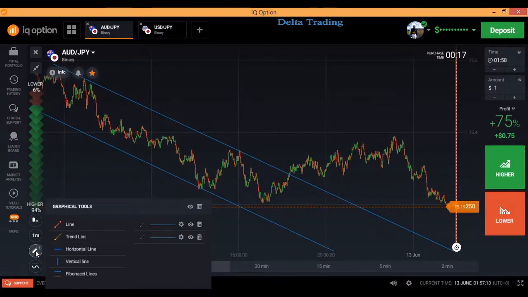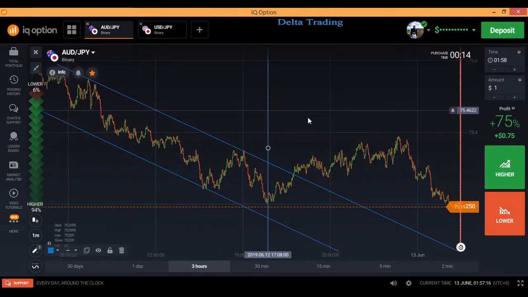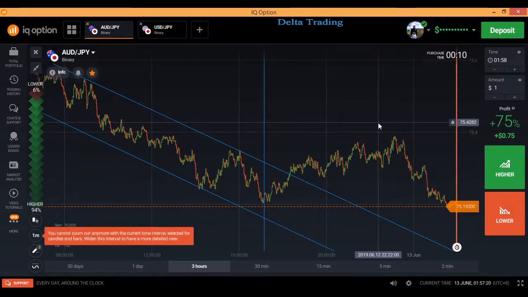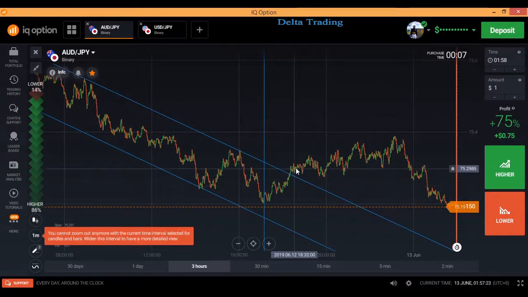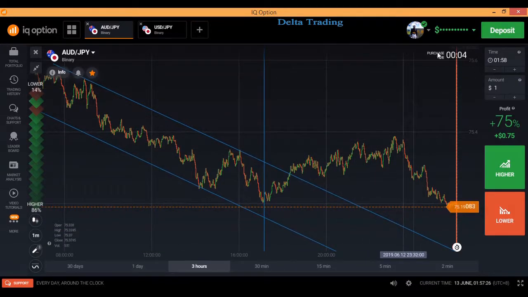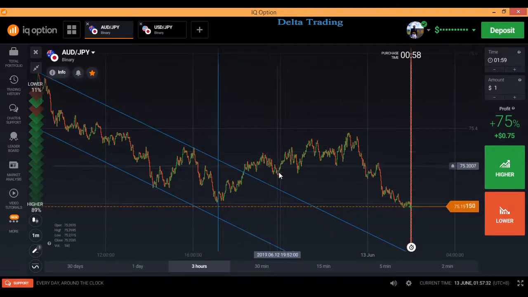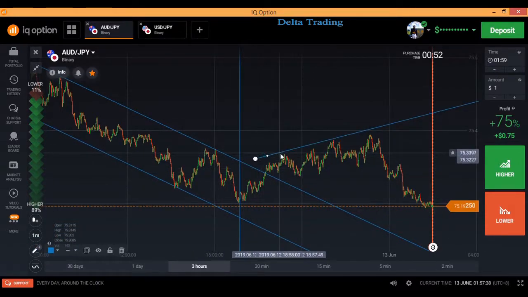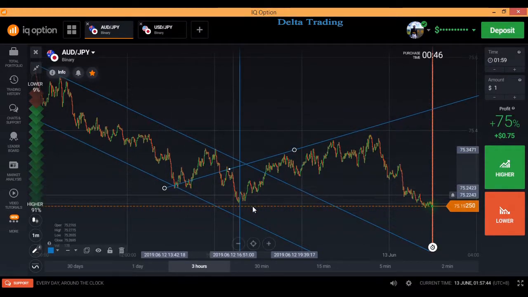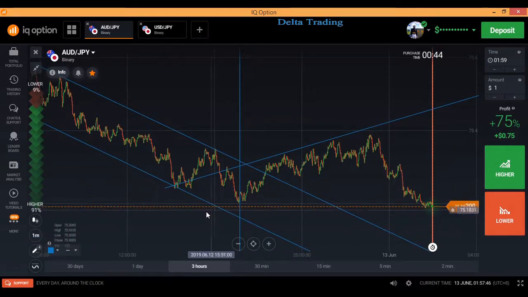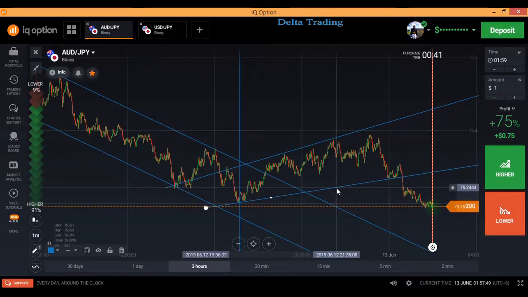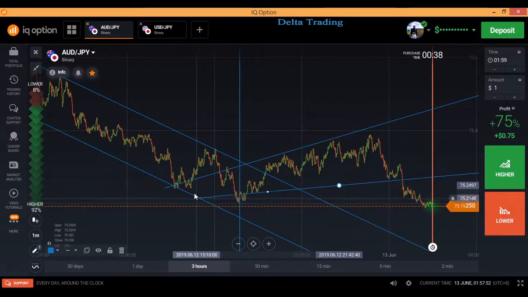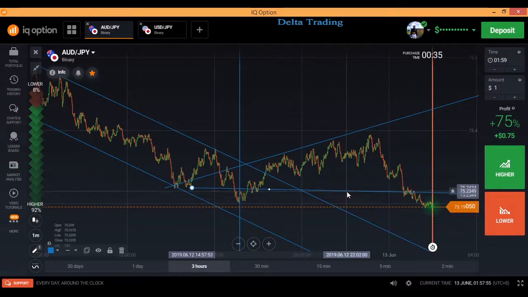But as you can see, when I put it somewhere here, it goes into a ranging market. It goes up, then it does not go higher and higher. When you see that the price is going down or is flat, I will make another trend line here, and another one here.